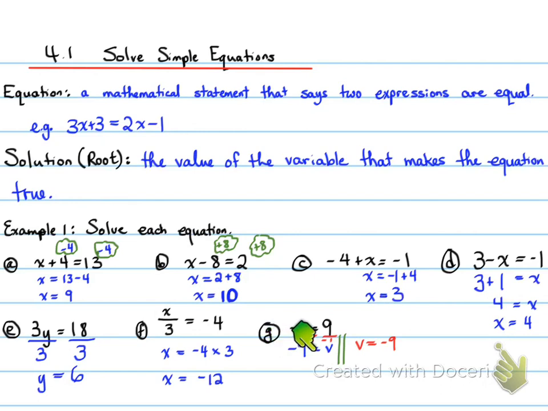So either you do it the blue or the red way, you will get v is equal to -9. Different approaches, but you will result in the same answer. Because if I plug in this answer to the original, sub it in to check, I get -9, which gives me +9. That's right, folks, +9.